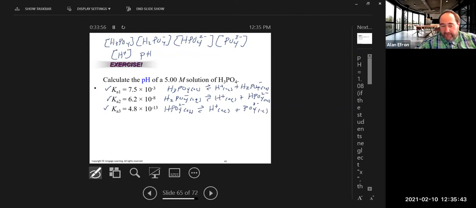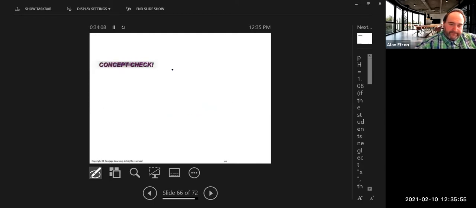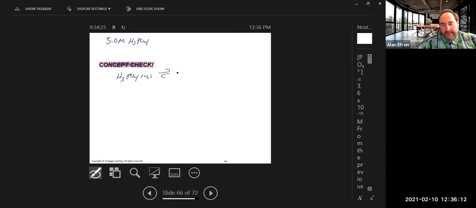So based on the way that I kind of wrote everything, we're pretty much looking for everybody's concentration. So we're going to start with the first K, and that's where we're going to start. So we're starting with a 5 molar solution of phosphoric acid. So taking our first step here, the 5 molar H3PO4. The first thing that's going to happen is that H3PO4, as we just wrote, will break apart into our H plus and our H2PO4 minus.